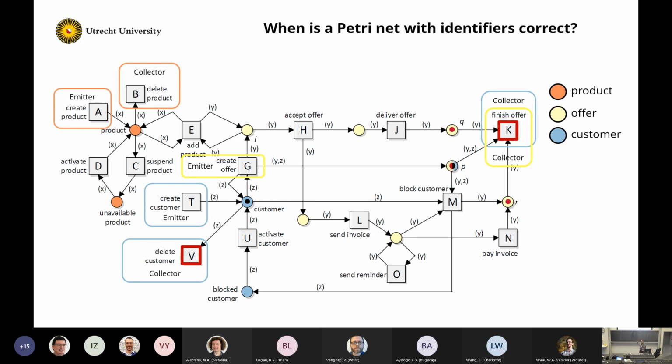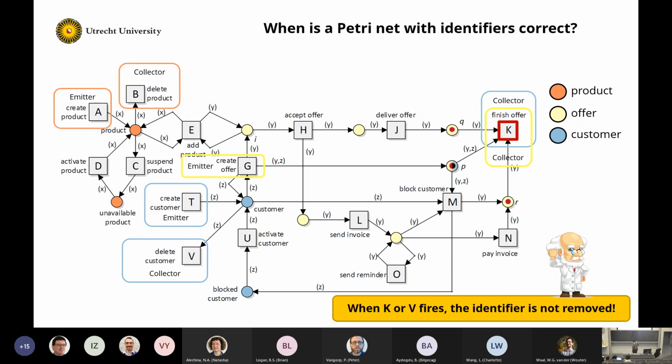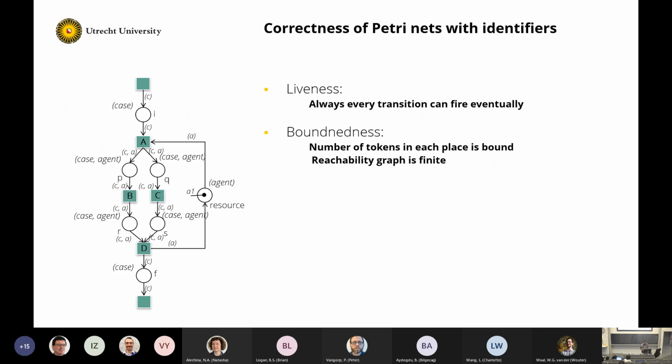There's still a reference to my customer, while I said I deleted my customer. In programming code, we would call this a memory leak. Similarly, if I fire the collector here, one is still left. So what we notice is that when K or V fires, the identifier is not removed from the marking. We fire a collector, the collector says we reached our goal, but there are still some left. That's the part that we don't want.